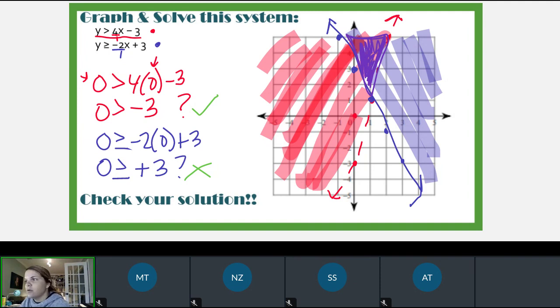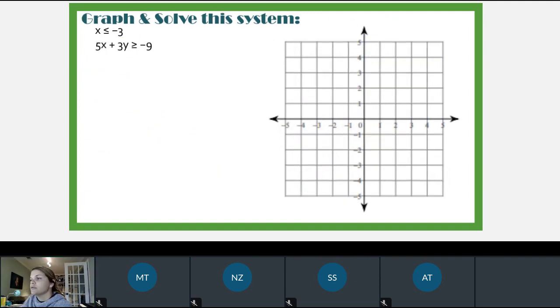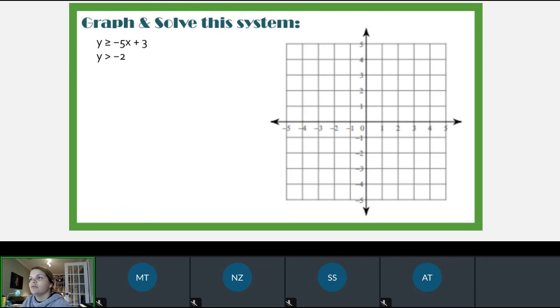So we're going to do another one. Do I have any volunteers? Let's do this one. Do I have any volunteers that would be willing to just do the first one? Awesome. Actually, if you want, Amari, I'll have you do the first one, the top one, and then AJ, do you want to try that second one?